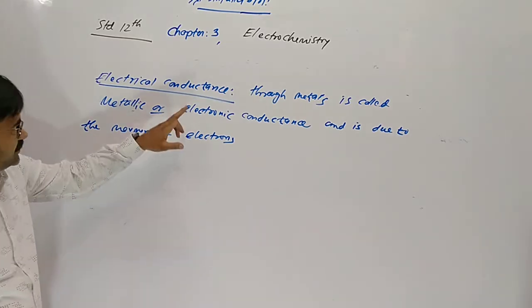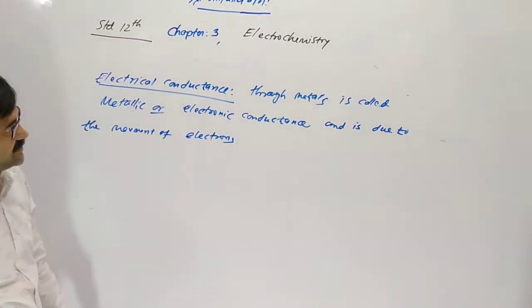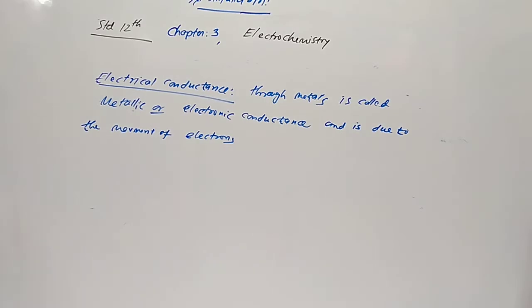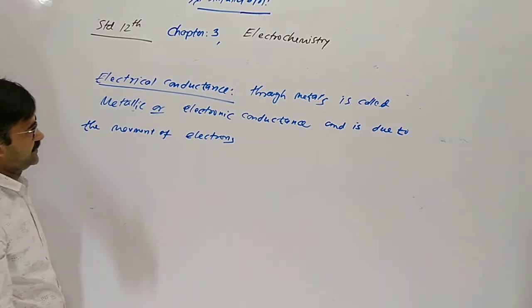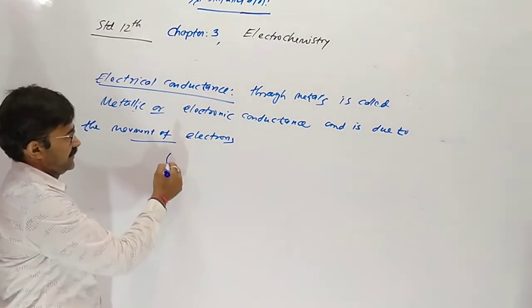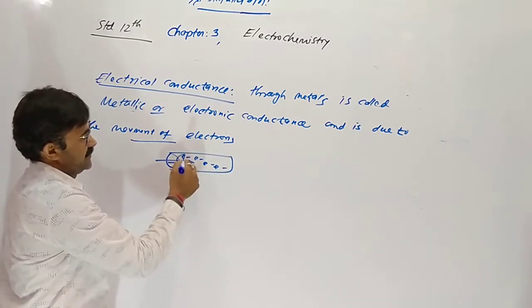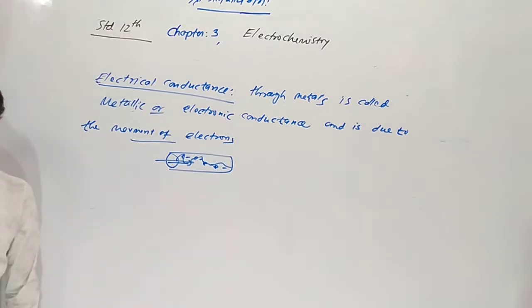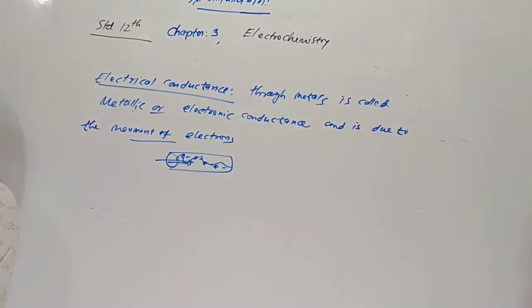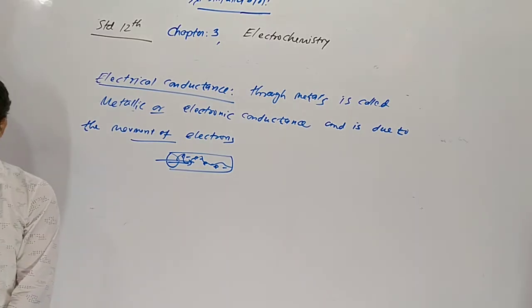Clear? In the metal there are free electrons which move from one place to another. So conductivity of metal due to free electrons is called electrical, electronic or metallic conduction.